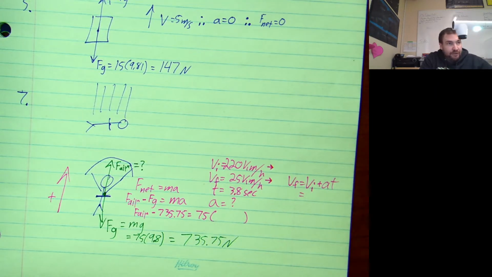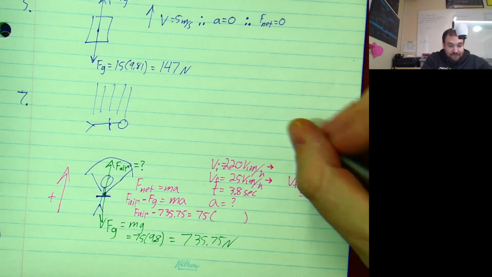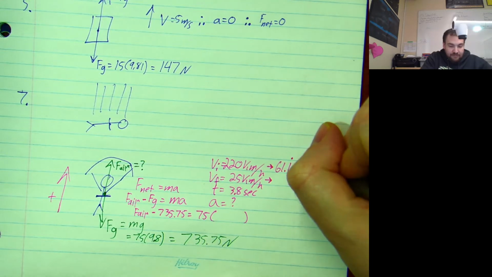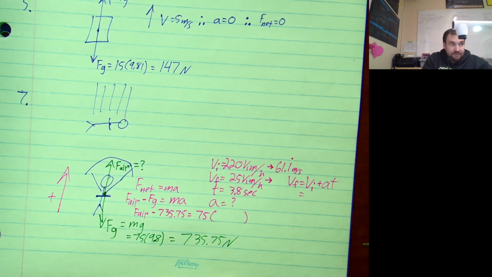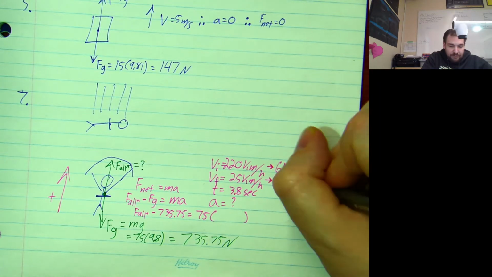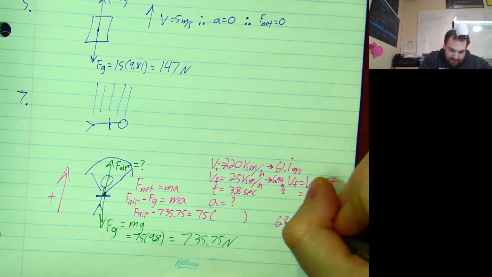We've got to convert them both into meters per second, because our time's given to us in seconds. 61.1 repeating. The 25 is 6.94 meters per second.